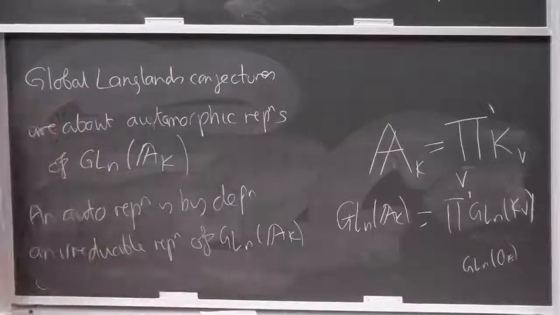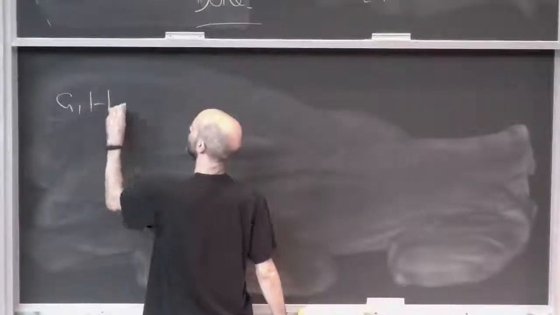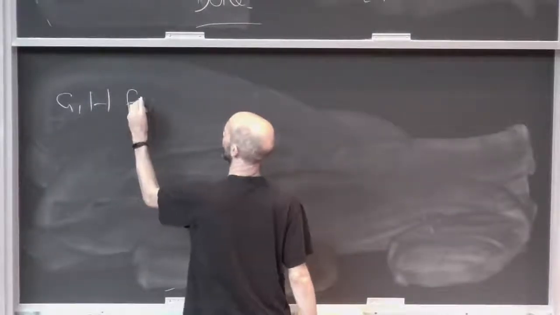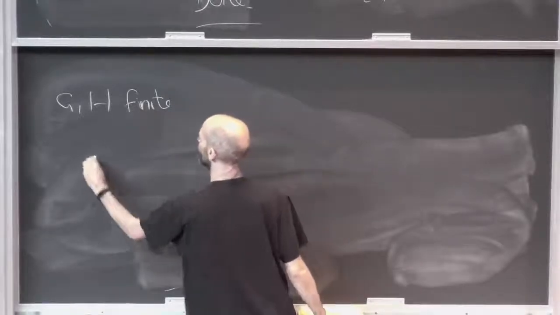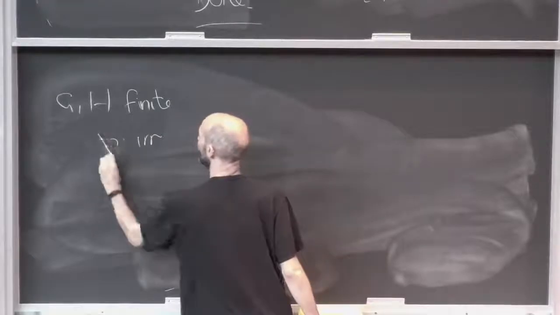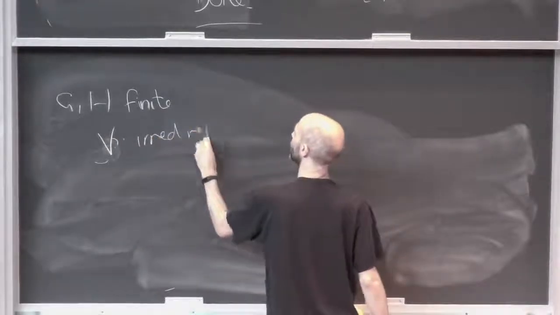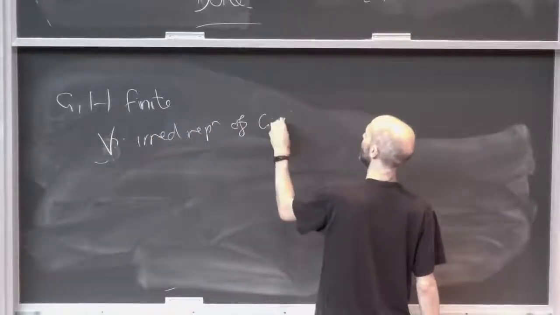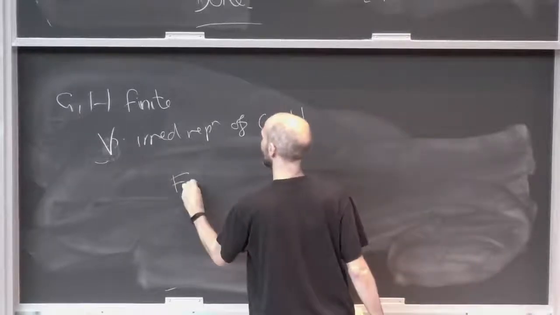Okay? And now there's a general theorem in representation theory that says if you've got a representation of a product of groups, then that representation is just a tensor product of representations of each of the groups, right? If G and H are finite groups, and V is some irreducible representation of G cross H, here's a fact, right?